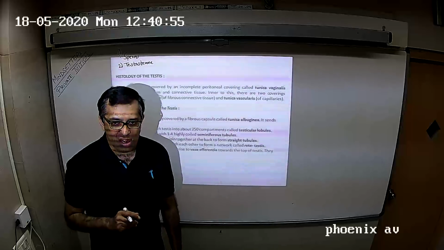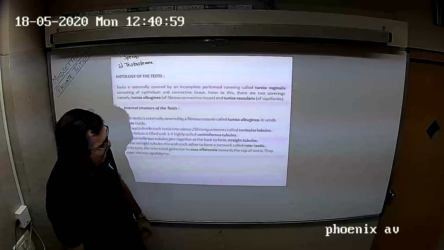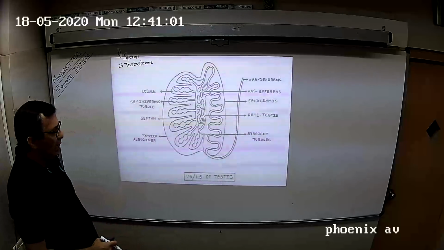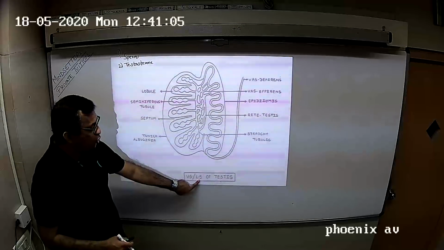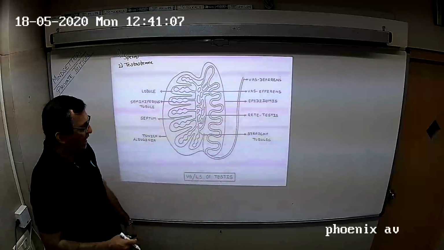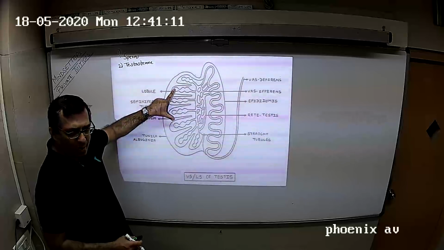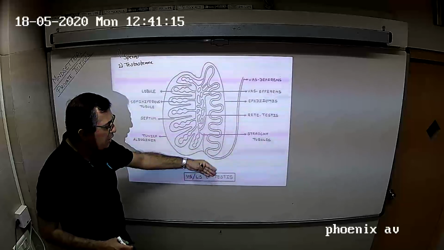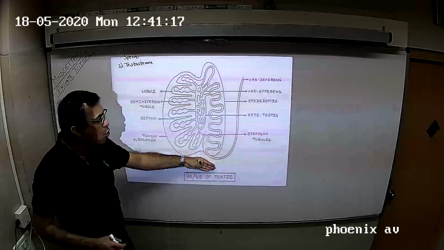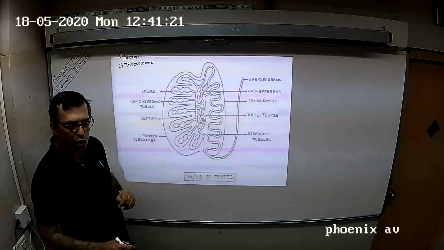For that, we first take a vertical section or a longitudinal section of the testis. The testis, we remember, is about 4.5 centimeters long. We take a vertical section, also called a longitudinal section, and put it under the microscope.